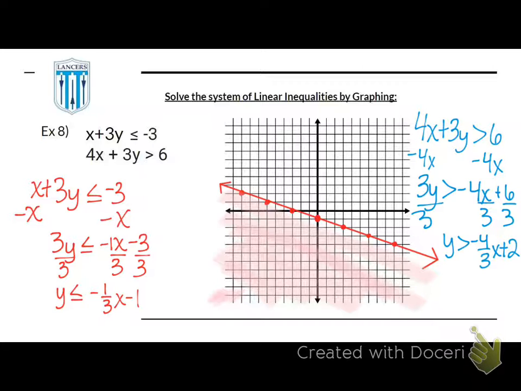Start your graph at positive 2 on the y-axis. From there, you should go down 4 right 3, or you could go up 4 left 3. 1, 2, 3, 4, 1, 2, 3. Your line through those points should be dashed because there is not an equal to bar on that inequality.